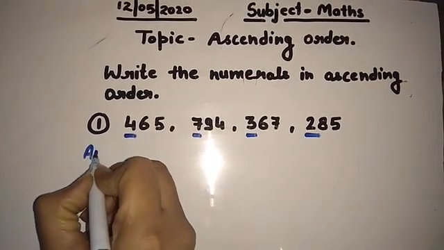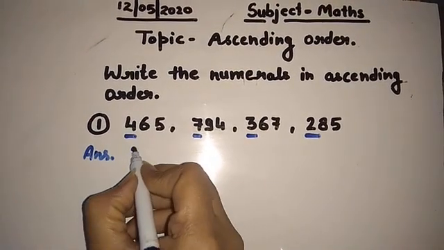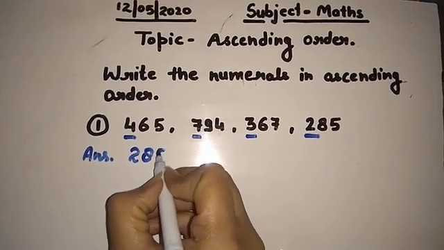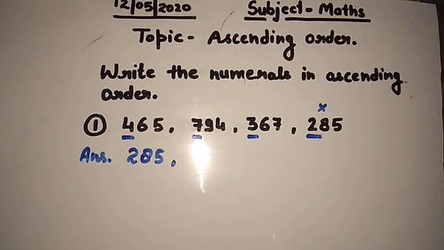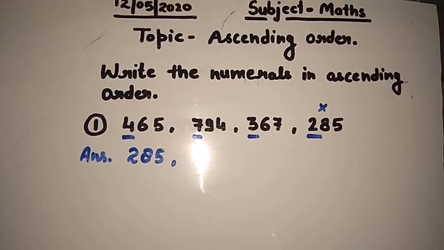So in our answer, 285. After 285, which is next? The number with the smallest digit in the hundreds place is the smallest number, then the number with the next greater digit.